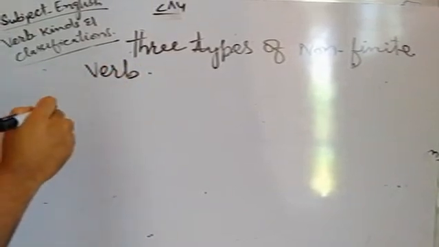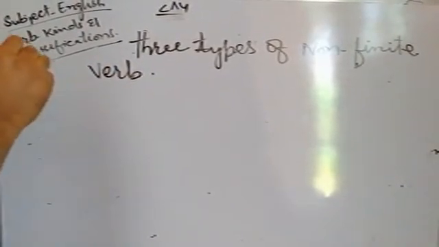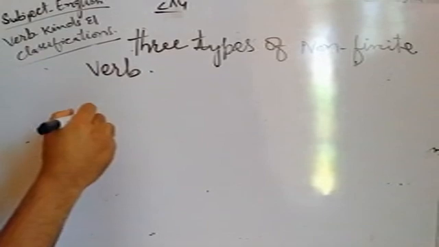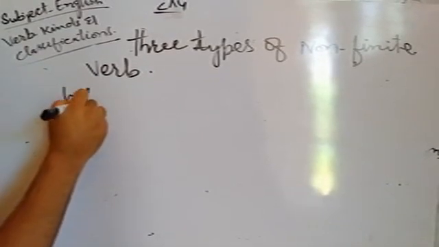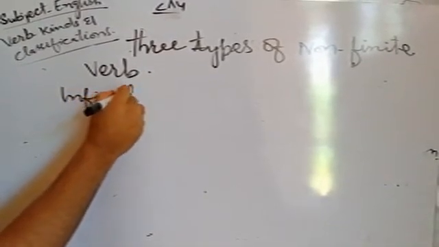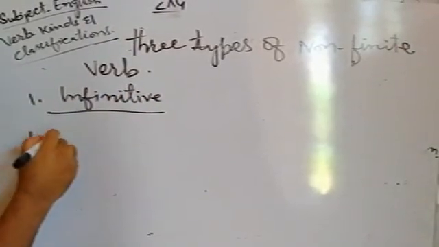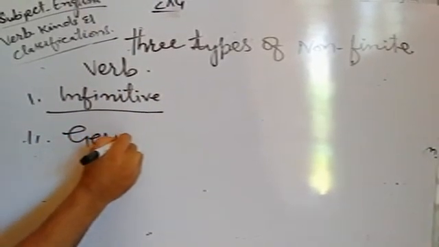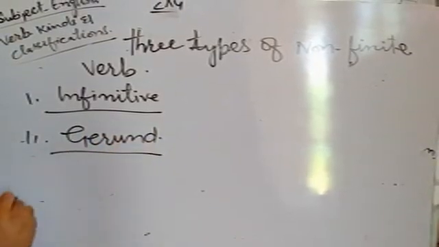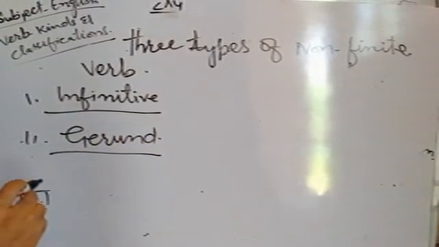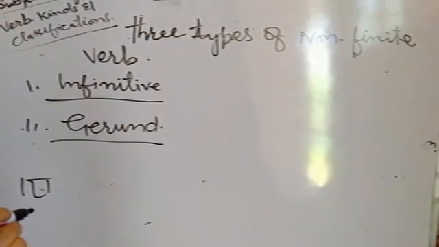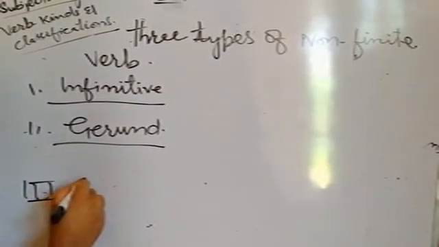One is infinitive, number second is gerund, and number third is the participle form of verb.